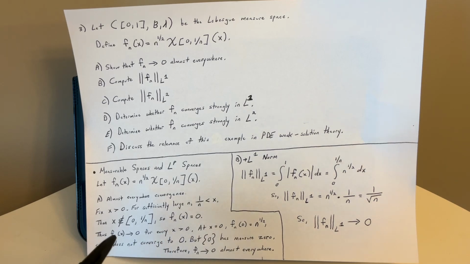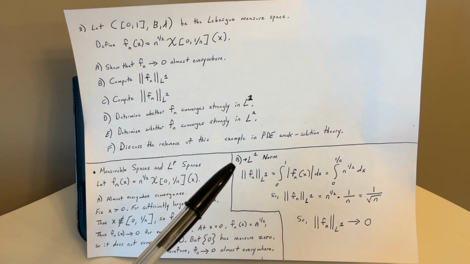Thus f sub n of x goes to 0 for every x greater than 0. At x equals 0, f sub n of 0 equals n to the 1/2, so it does not converge to 0, but that point has measure 0. Therefore, f sub n goes to 0 almost everywhere.